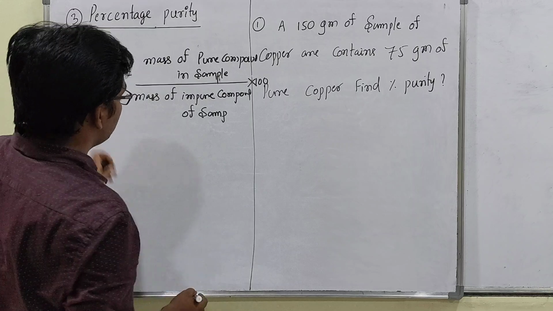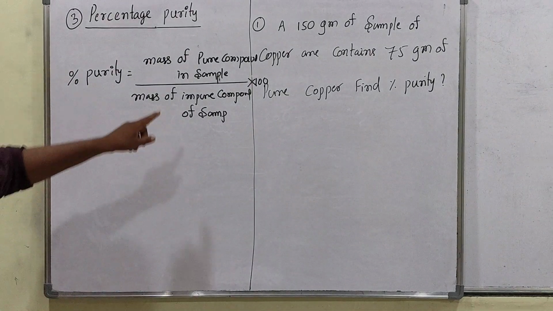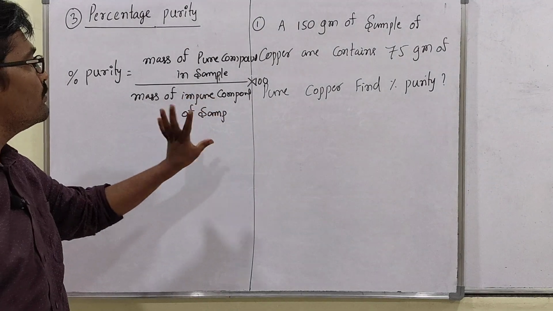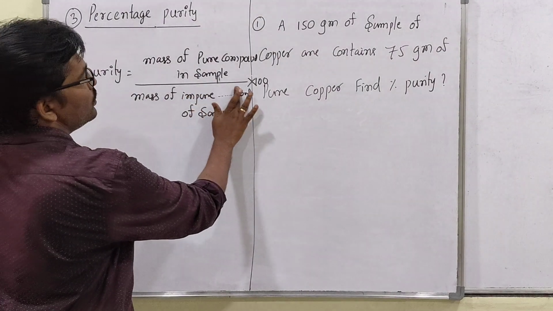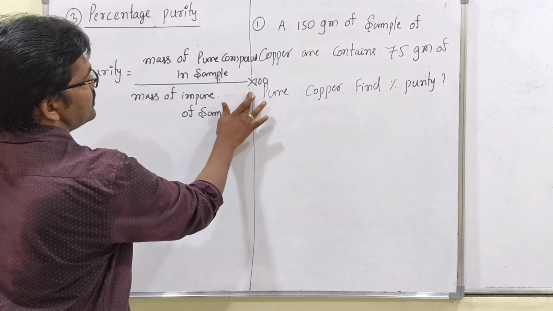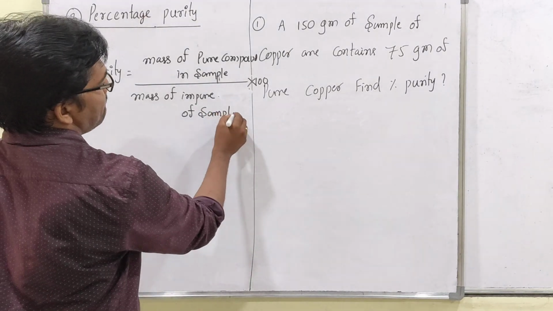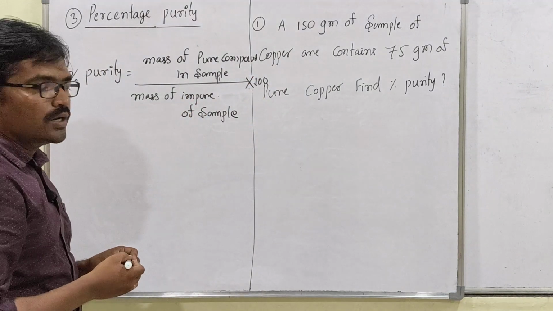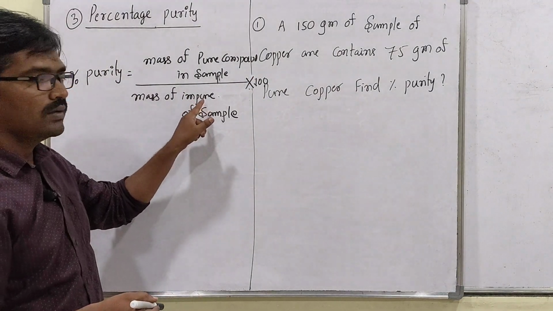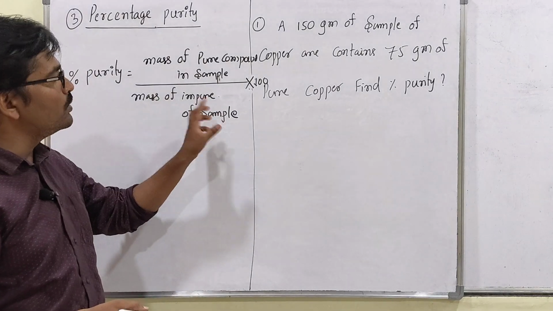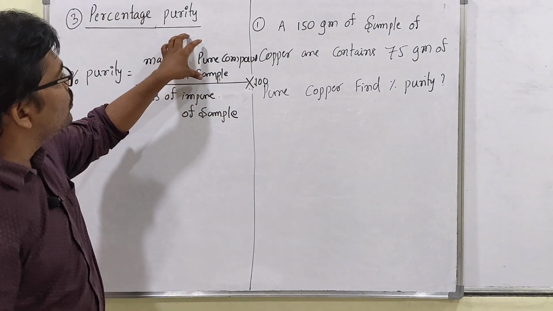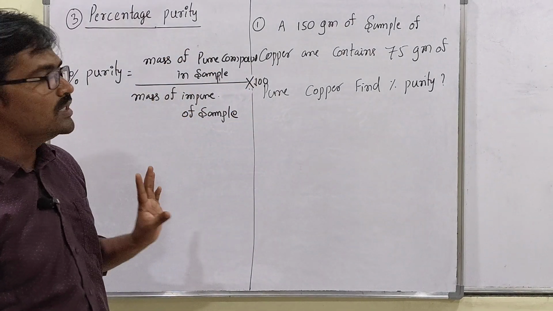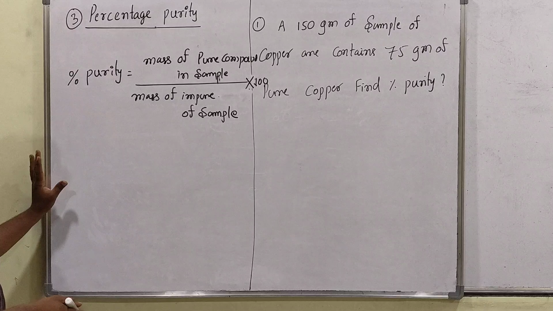This is the formula. So mass of pure compound in a sample divided by mass of impure sample into 100. Here, the impure sample means total, so purity and impurity both you have to add, then only purity how much is there that you have to take, so into 100. So this is the formula to calculate percentage of purity.